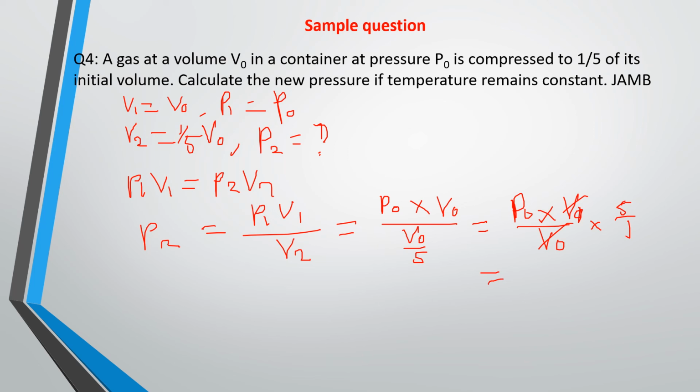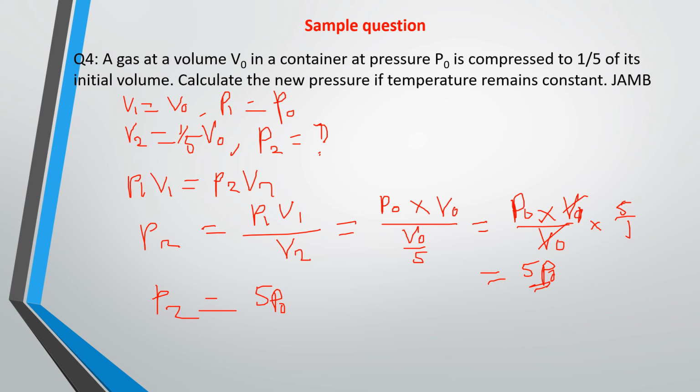Then finally, this will be equal to 5P0. So P2 will now be equal to 5P0.